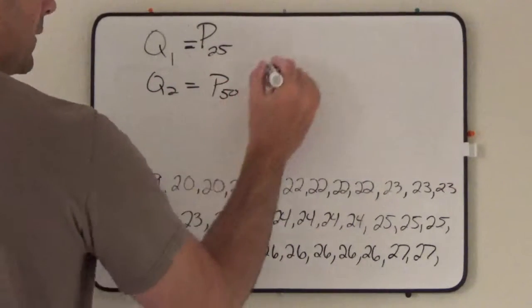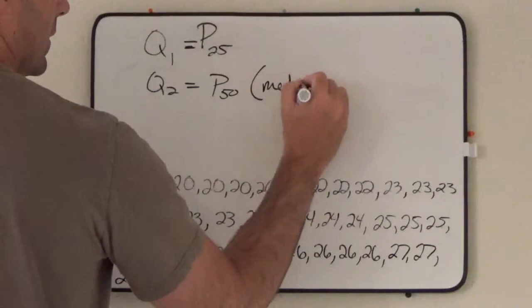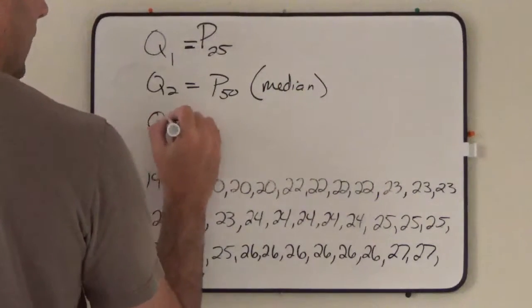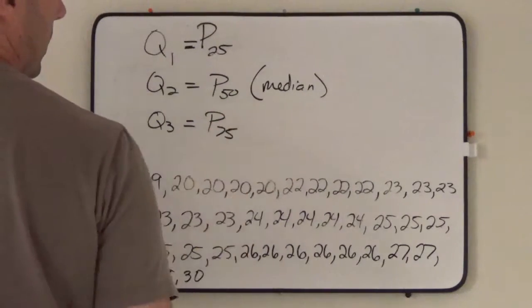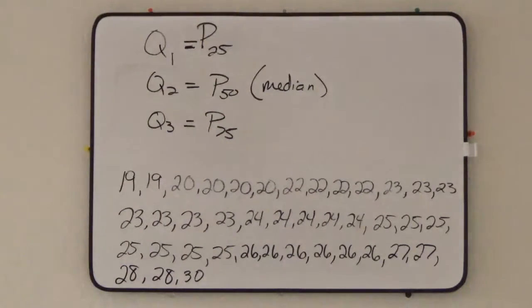Now you'll remember P50 is the median. And then quartile 3, that would be P of 75, or the 75th percentile, okay? So that's important for us to also know that we're looking for those percentiles when we are looking for each of those quartiles. So let's say that within the data I was just referring to, we want to find quartile 1.